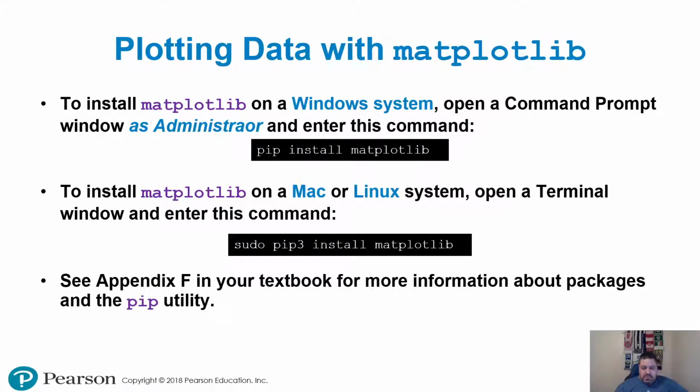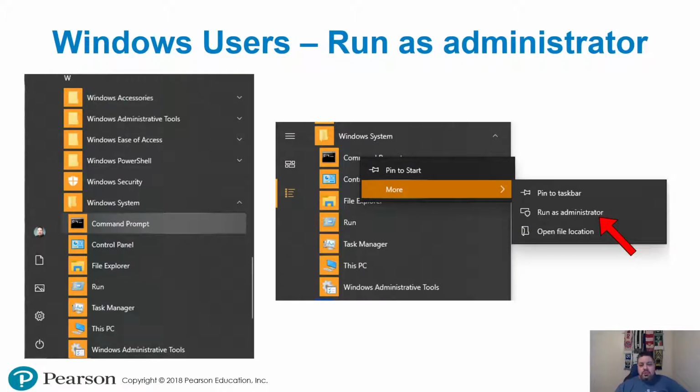Please, if you have problems with this, post it into the Q&A forum. Please try to do this early. There is a question on your lab next week that will use this library. It's simple, it's nothing difficult, but please install this early so if you run into problems, you have time to take care of that problem.